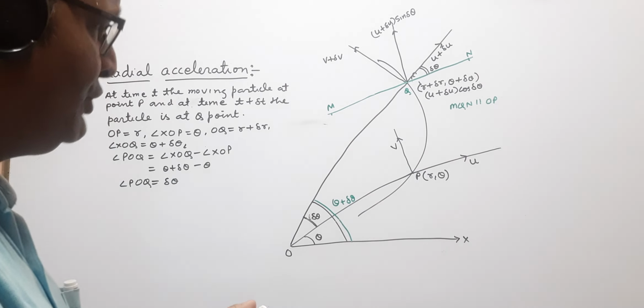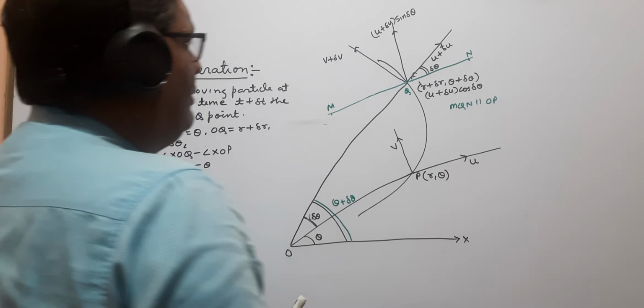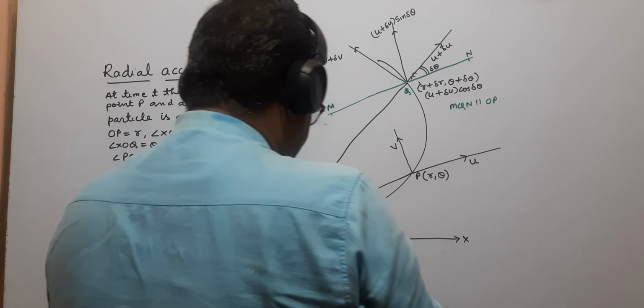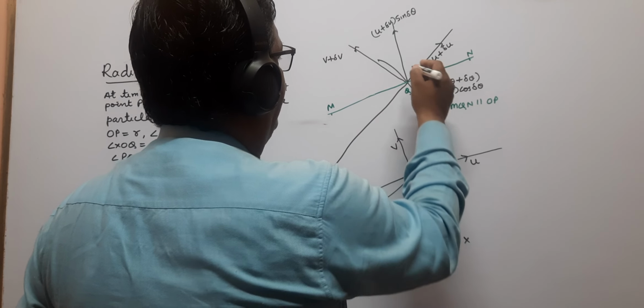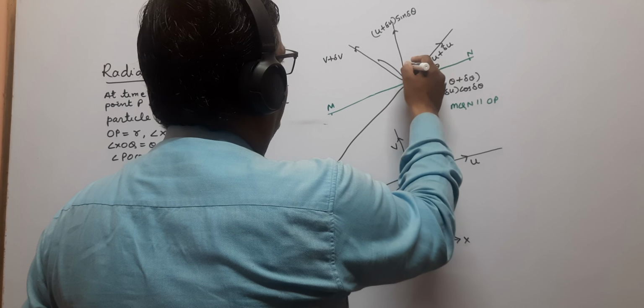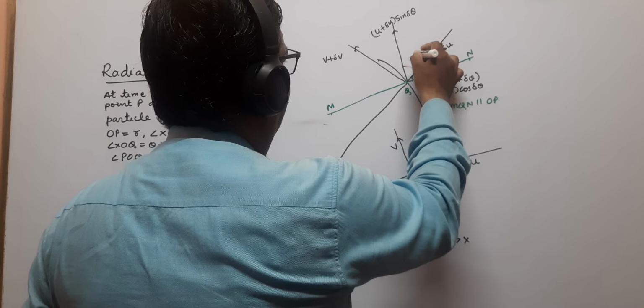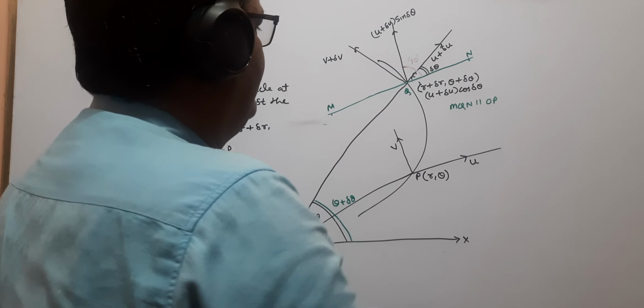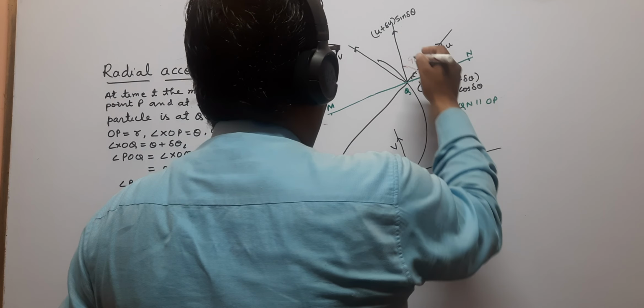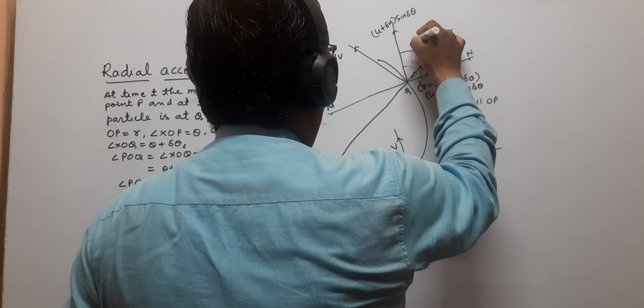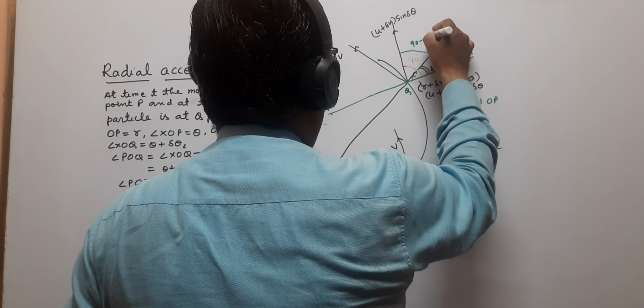This is the vertical component. Now we can see this angle is 90, and this angle is del theta, so this angle is 90 minus del theta.